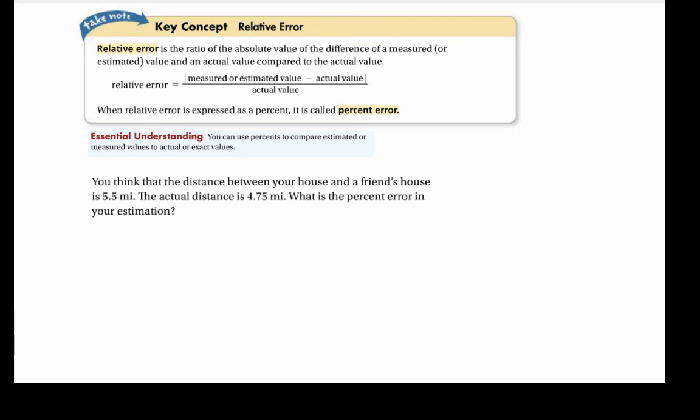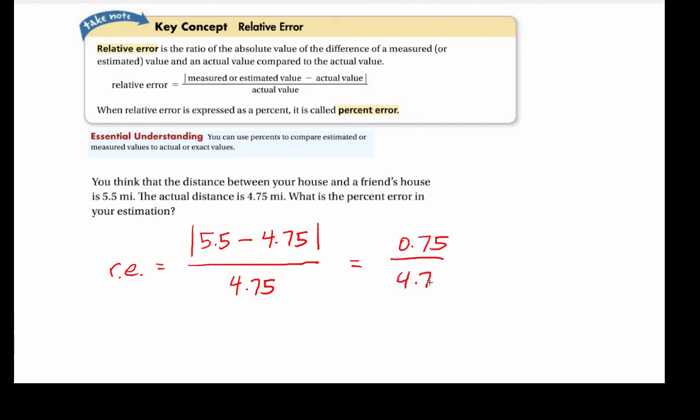Let's go back to our example. Our estimated value was 5.5 miles. The actual value is 4.75 miles. We'll take the absolute value and put it over the actual value, 4.75. 5.5 minus 4.75 is 0.75, over 4.75.